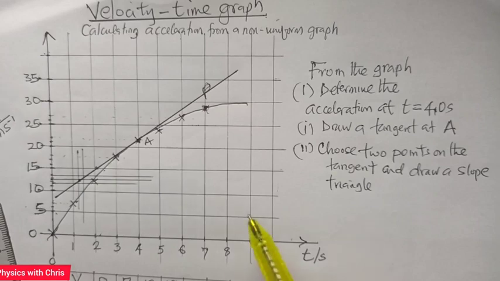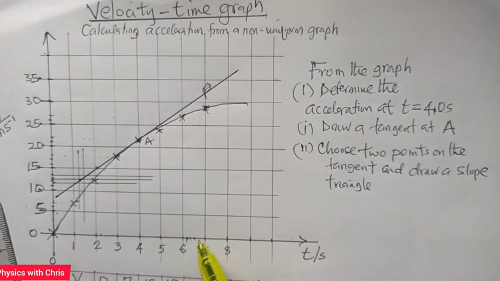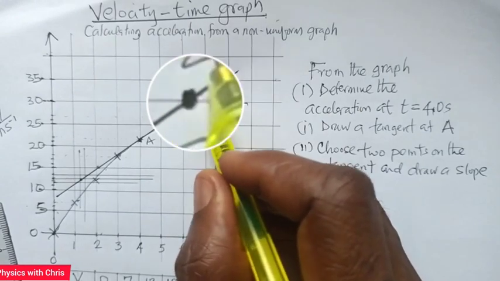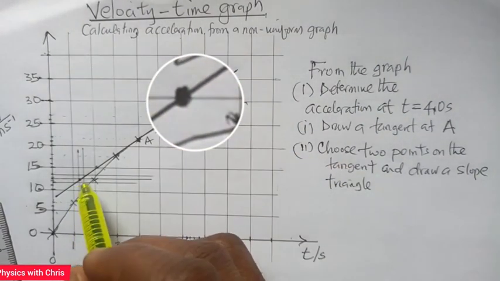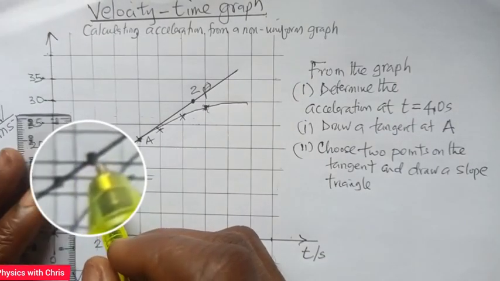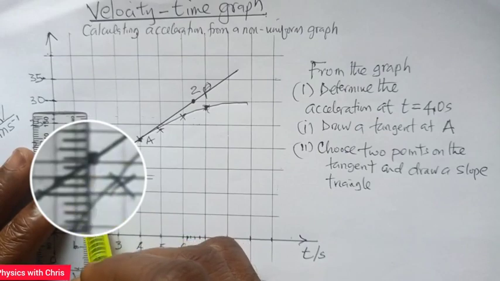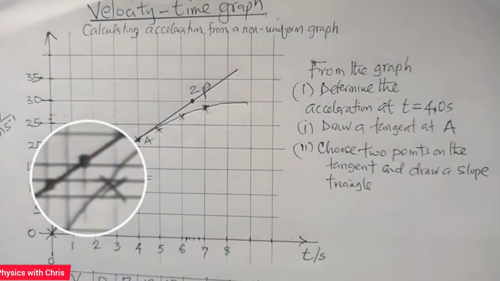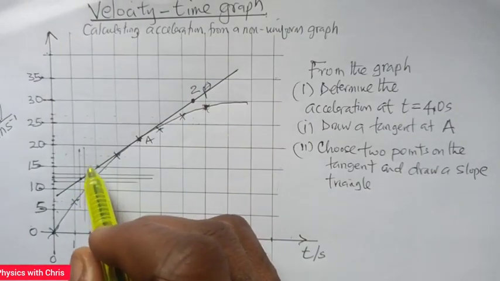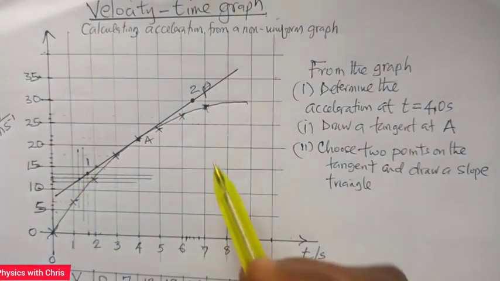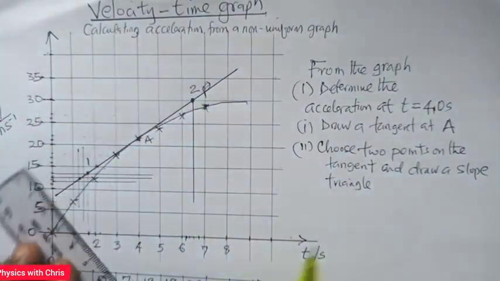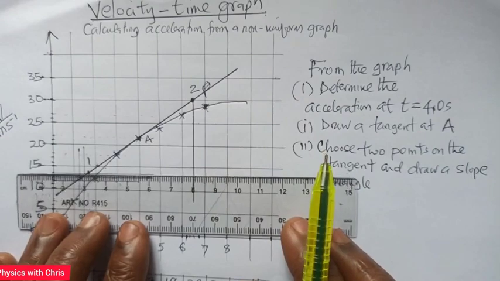So I'm going to take this point. I'll call that point 2. And then I'll take this point. I'll call this point 1. Let's assume that this point is exactly on this point on my time axis. On the tangent, I draw my vertical and my horizontal.